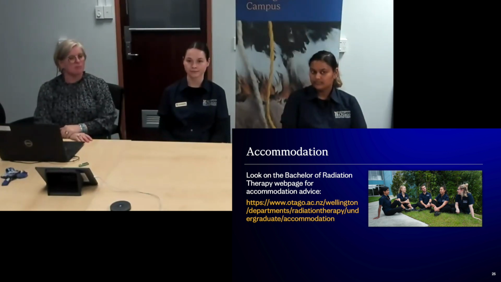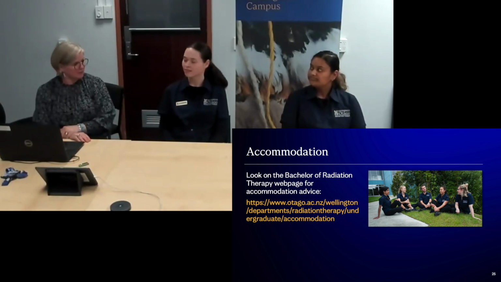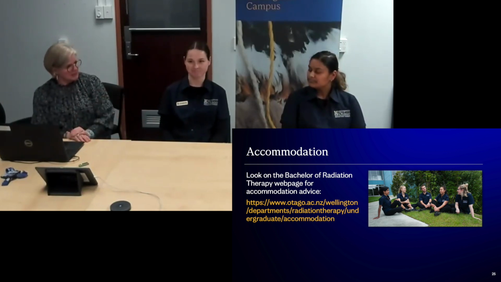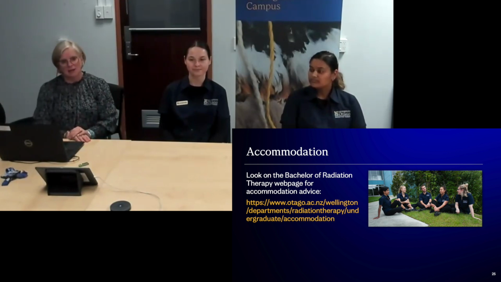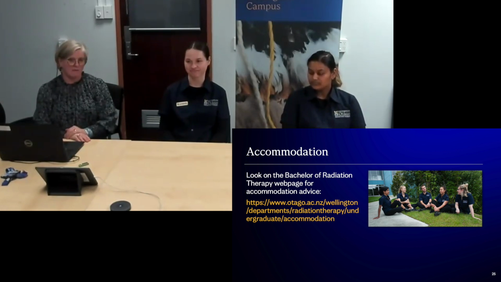Second and third year, most of our students tend to flat. Our second years have come back just now, and they all said they didn't really have too much of an issue finding a flat. And you guys were all right at the start of the year too. So it seems to have settled down a little bit in Wellington, and those accommodation options were available.